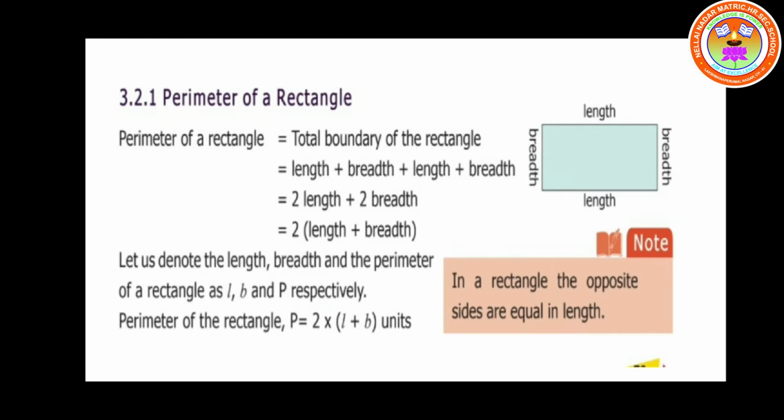Let us denote the length, breadth and the perimeter of the rectangle as L, B and P respectively. So, the perimeter of the rectangle, that is P, is equal to 2 into (L plus B) units. Here P stands for perimeter, L for length and B for breadth. Whatever units are given, like meter means meter, centimeter means centimeter. So for the perimeter it is only units.